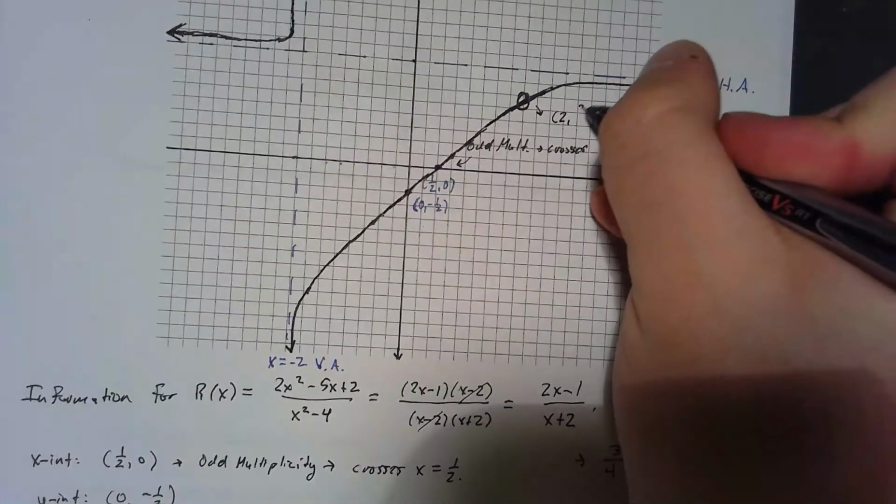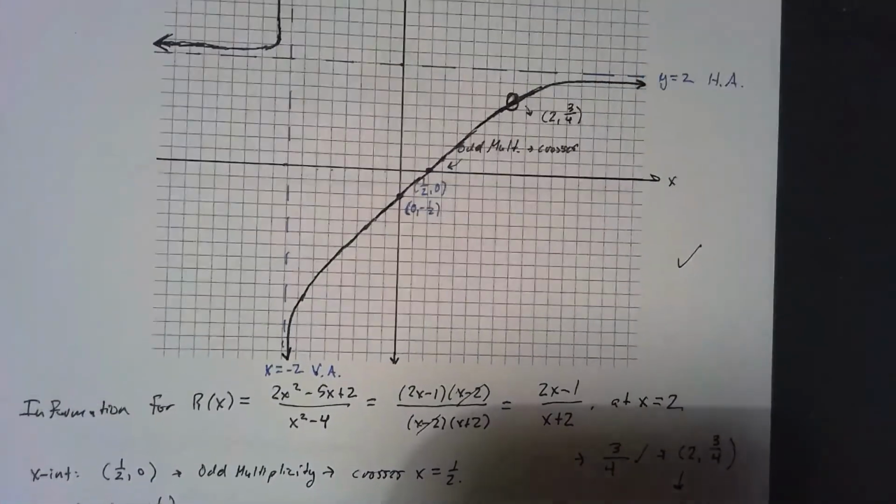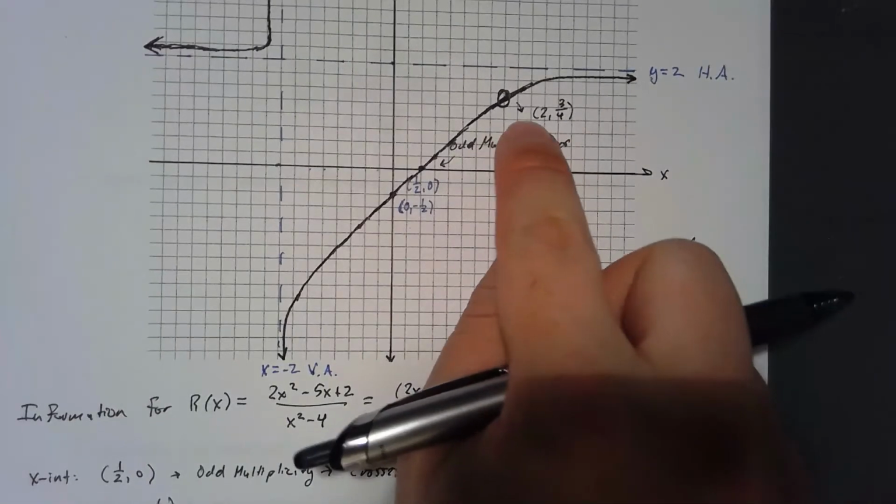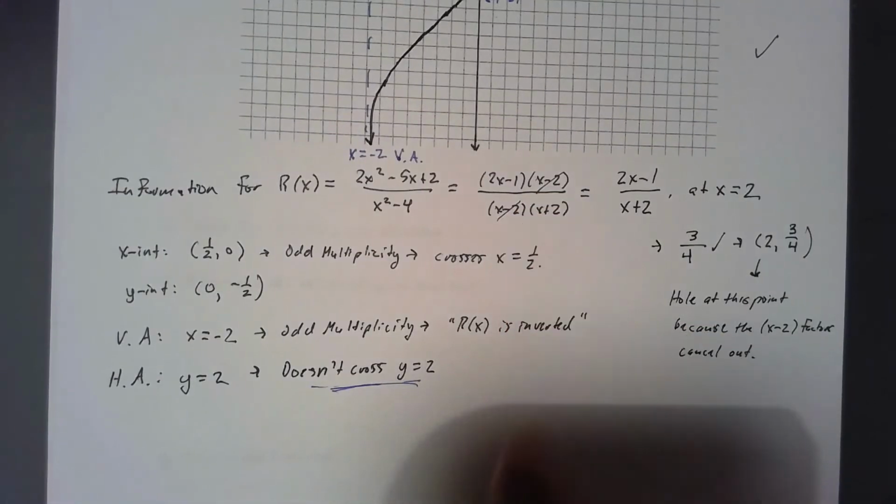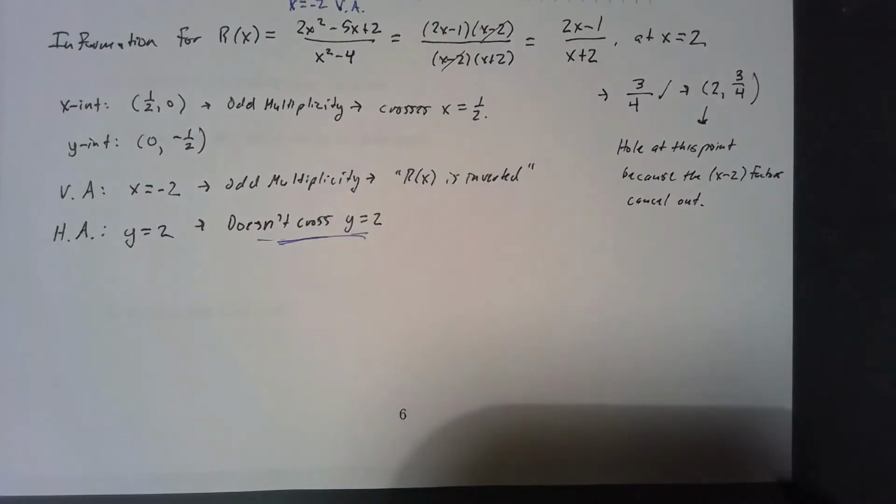Sorry about that. Whenever you have a factor that cancels out like that, you're going to have a hole in the graph. So let me make a note of that here.